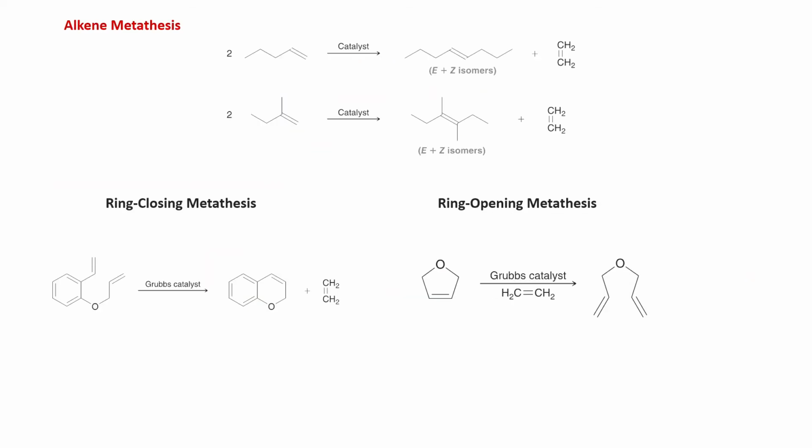The final reaction is alkene metathesis. In alkene metathesis we use Grubbs catalyst, which is a ruthenium based catalyst. In alkene metathesis your double bonds merge together, so you will get both E and Z isomers plus release of ethylene gas.